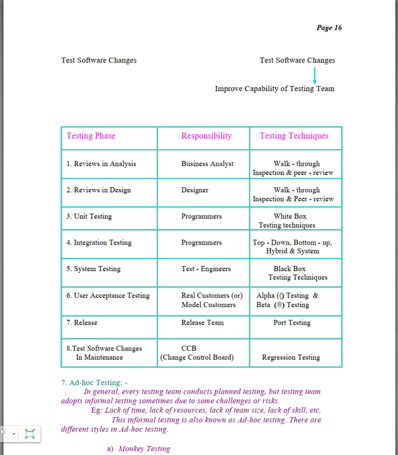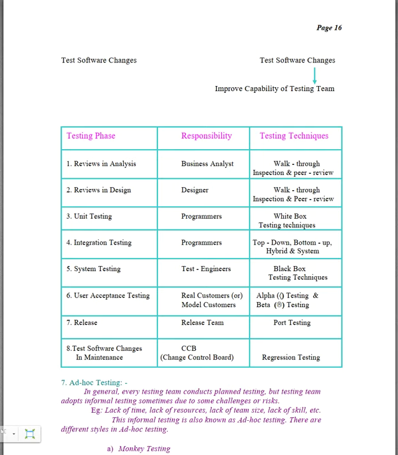There is a table which gives details of the testing phase, responsibility and testing techniques. Review and analysis is done by business analysts, and the testing techniques are walkthrough, inspection, and peer review. Reviews in design, its responsibility is the designer: walkthrough, inspection, and peer review. Then we have the unit testing, which is the programmer's responsibility, with white box techniques.